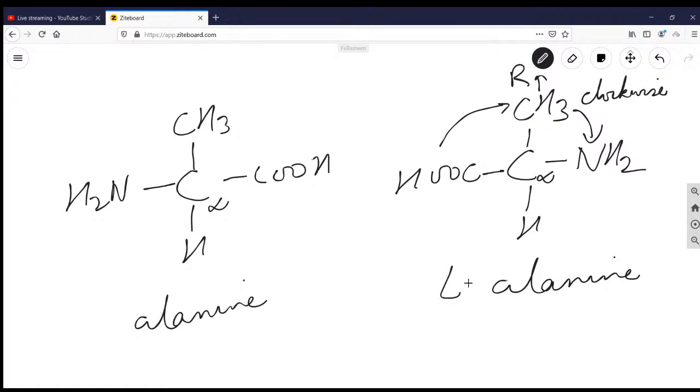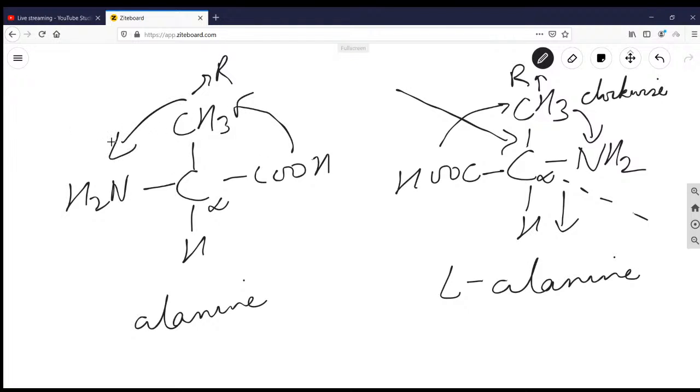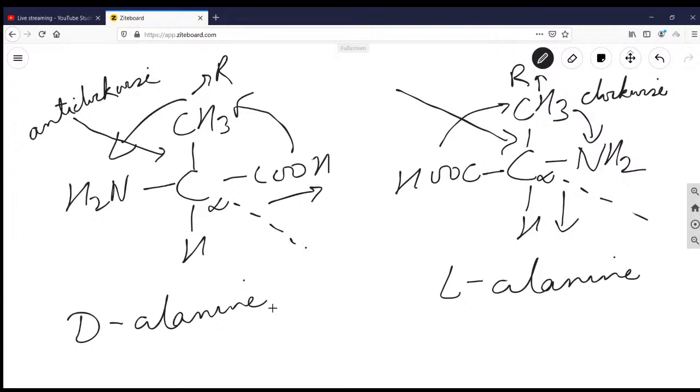So I can call it L-alanine, meaning when light passes through this, it will be rotated to the left. Now carboxylic group, this is the R group, this is the H2N group, which direction is this? Anticlockwise. So when the light passes through it, it will be rotated to the right-hand side. This will be your D-alanine.